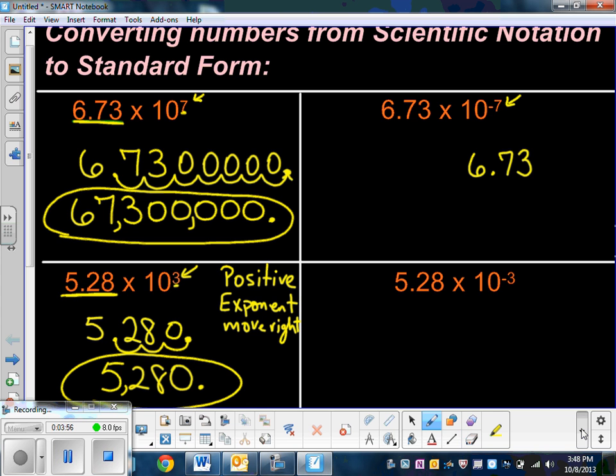Now in this case, our decimal term is 6.73. When we look at our exponent, we see that it's a negative 7. Before, the positive exponents told us to move to the right. If that's the case, then our negative exponents will not move to the right, instead they will move to the left.